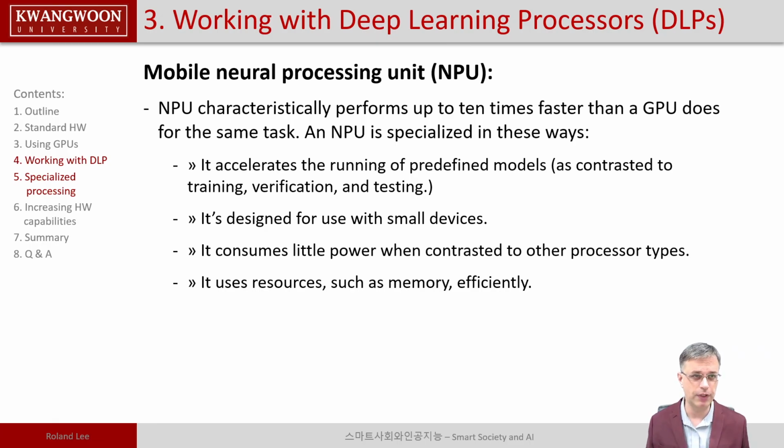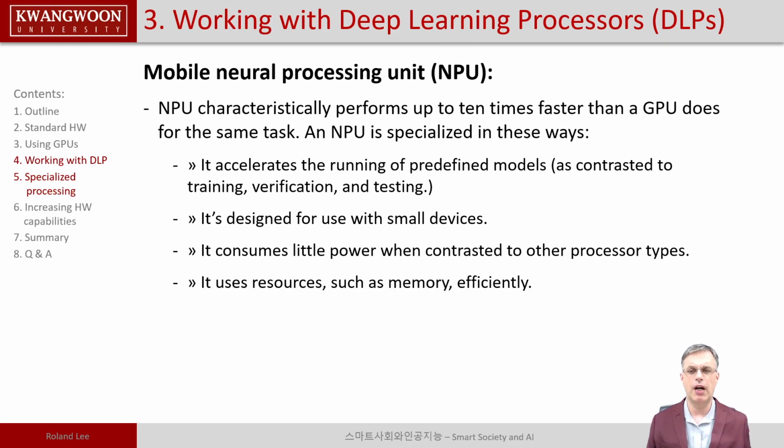So we start with the mobile neural processing unit, NPU. A number of mobile devices have neural processing units in addition to the general CPU to perform AI predictive tasks using models such as artificial neural networks and random forest, RF.